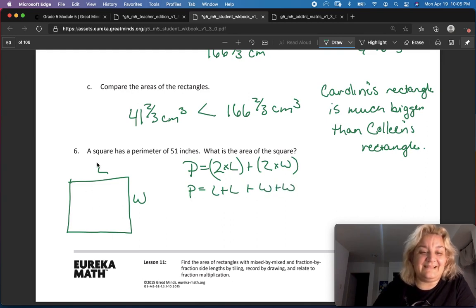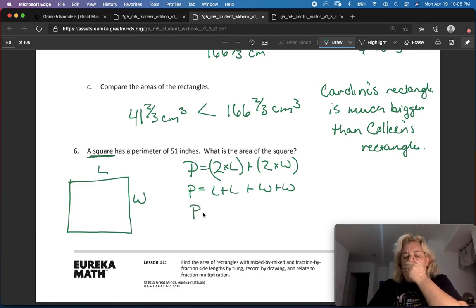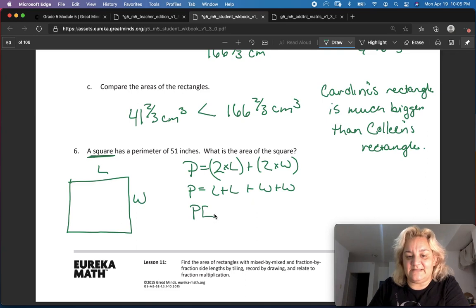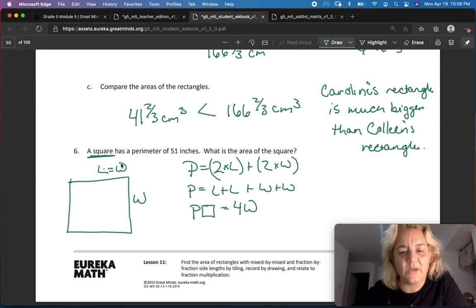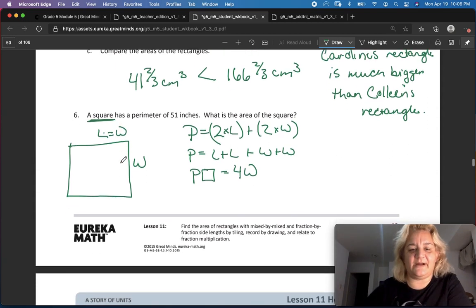Now, it's a square, so the length and the width are the same. So we can also say perimeter of a square, it has to be a square, equals 4 times width, because length and width equal each other, right?